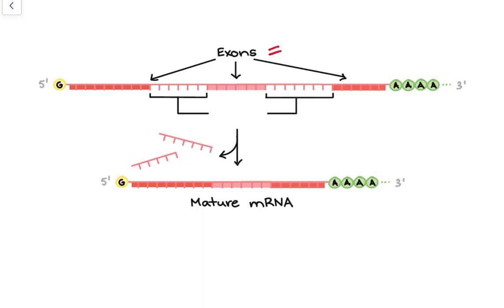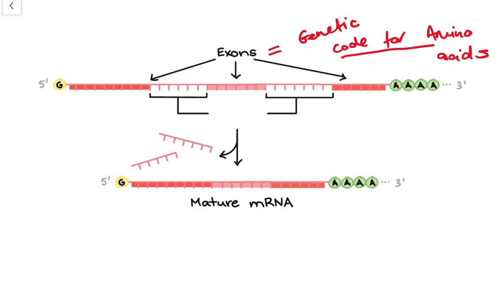So exons contain the genetic code for amino acids. They code for amino acids.